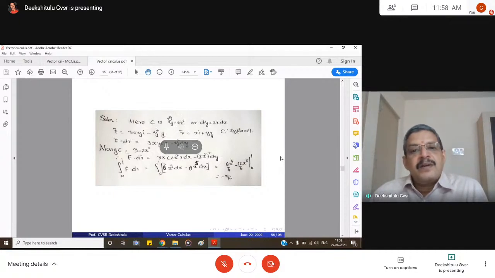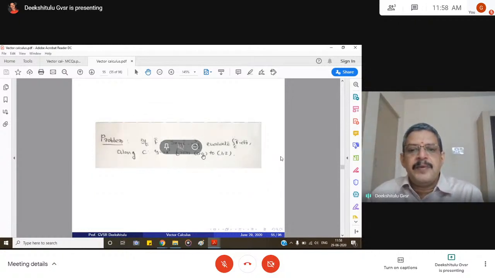Along this curve, y is equal to 2x square, so we put that y here. So 3x into 2x square, minus 2x square whole square dy. Everything is converted into x. In the problem the curve goes from (0,0) to (1,2), so x is changing from 0 to 1, and y from 0 to 2.